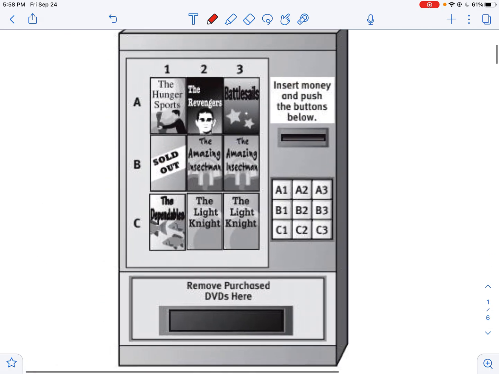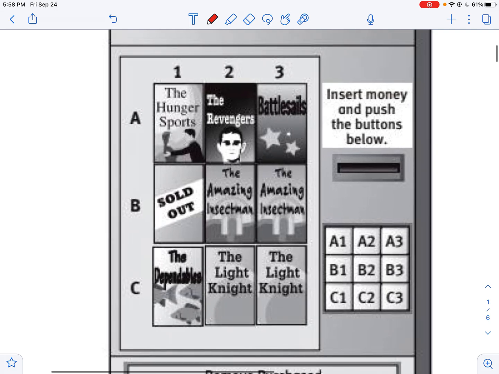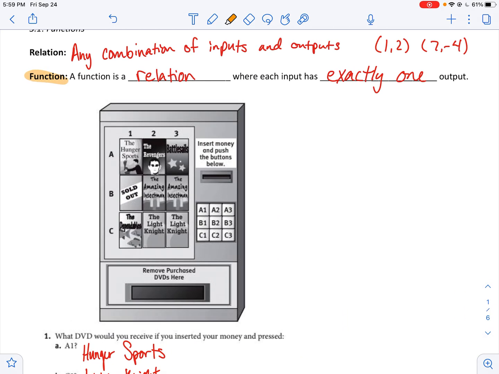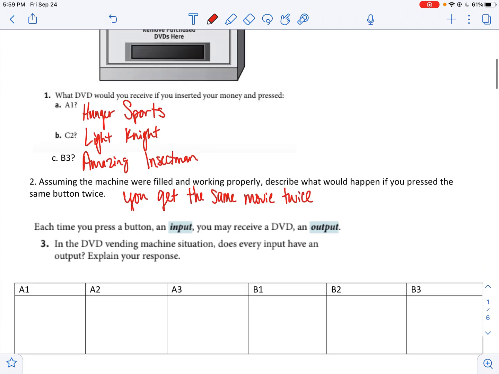So in this specific DVD vending machine, does every single input give you one output? Whatever button you press, whatever input you put in, would you get an output? Would you get a DVD out? Well, no. B1 has no output. B1 is sold out.